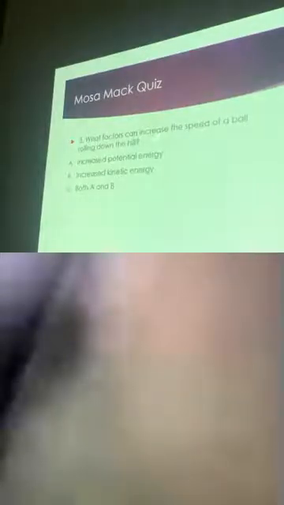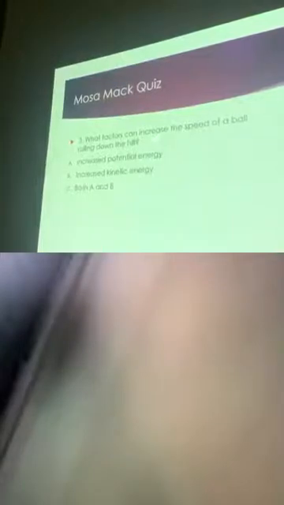What factors can increase the speed of a ball rolling down the hill? Is it A, increased potential energy, B, increased kinetic energy, or C, both A and B? Layla, be quiet, because we got school live. Just pay attention.